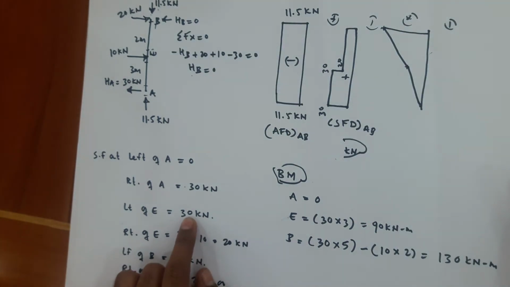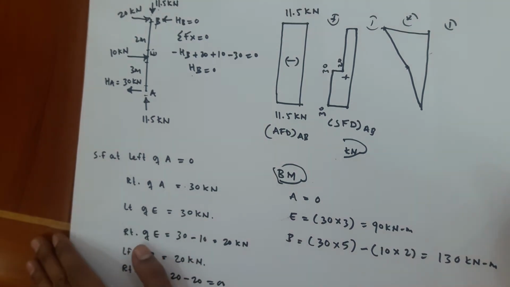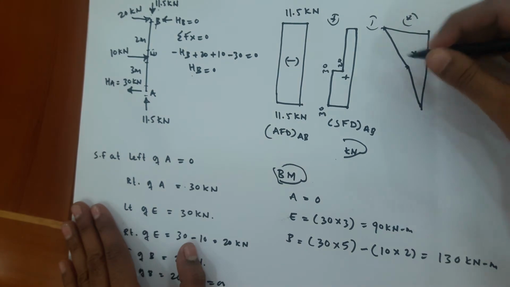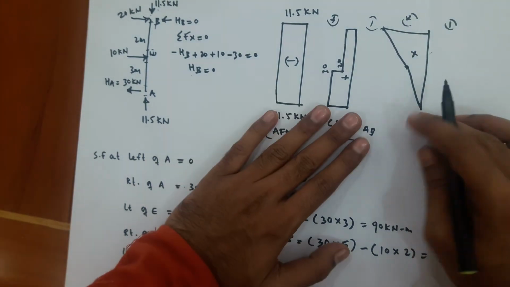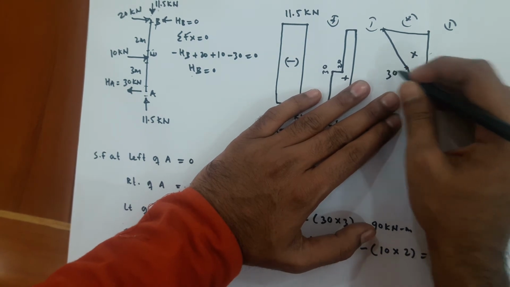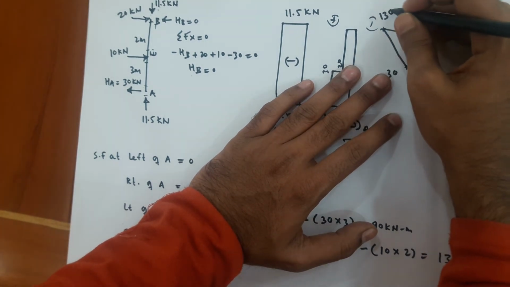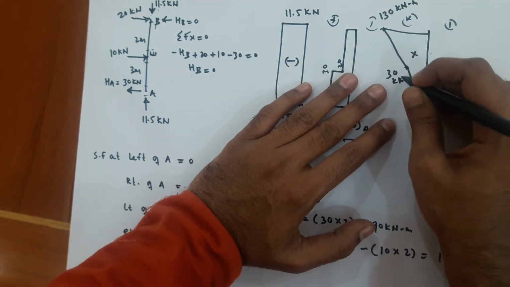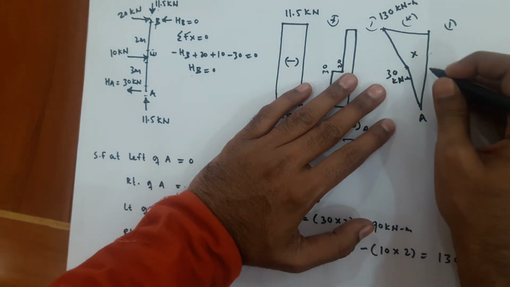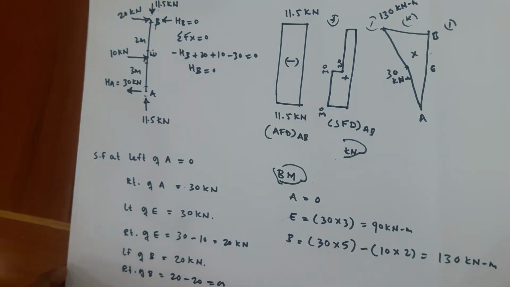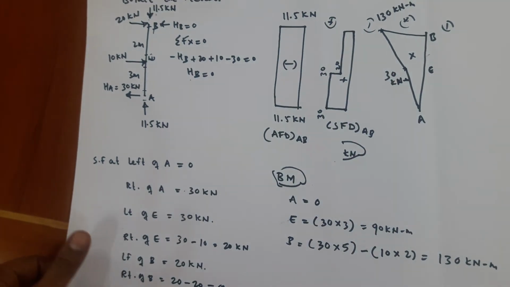You do not have any UDL or UVL. For a point load, the bending moment variation is linear, and linear means a straight line. A, E, B, in kilonewton meter.